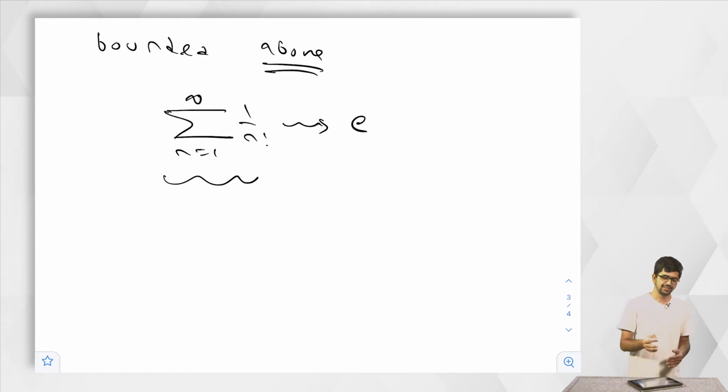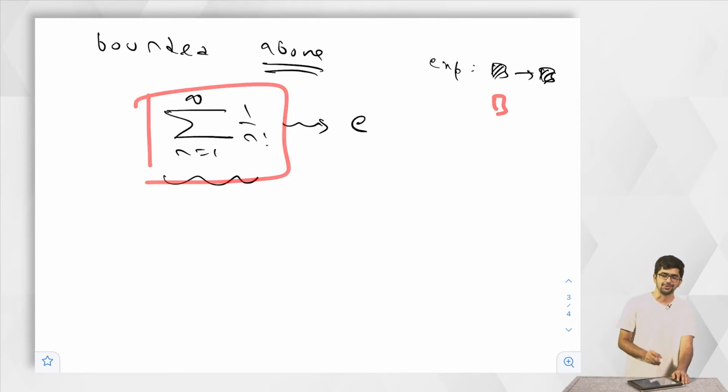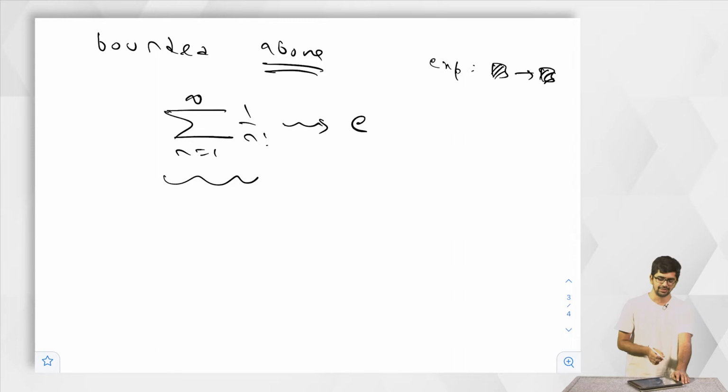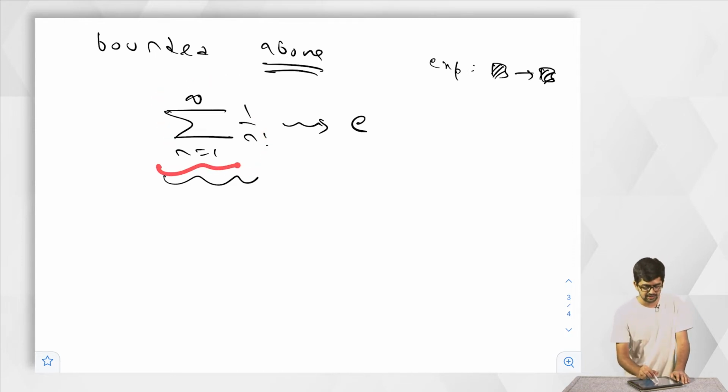The reason why I am not saying anything specific here is that, for me, exponential is a function from some subset of R to some subset of R. So just looking at one image of one element is not sufficient for me. Anyway, we will write more details about that. This is just a starting point, but keep in mind that this is related to the exponential of some element.